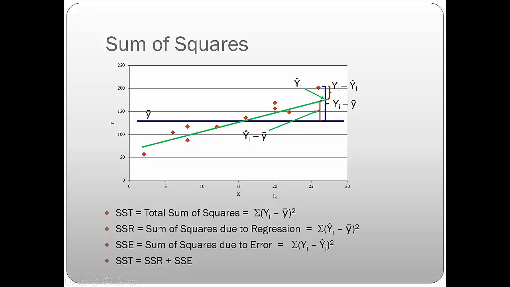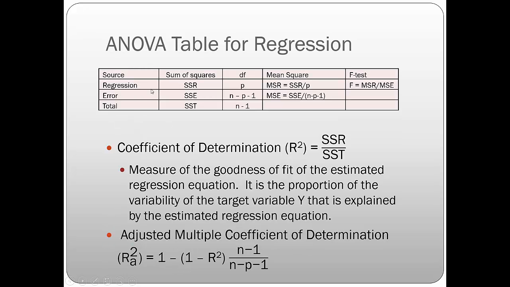So we're going to assemble them into what is called the ANOVA table. So we have regression, error and total. We have SST going here, SSE and SSR. Now the degrees of freedom: for the total sum of squares, it is n minus 1, n being the sample size.